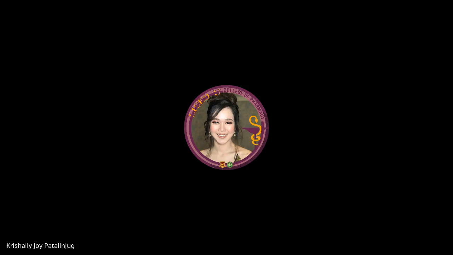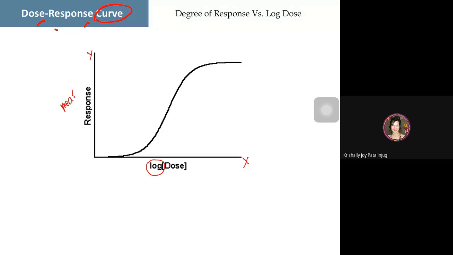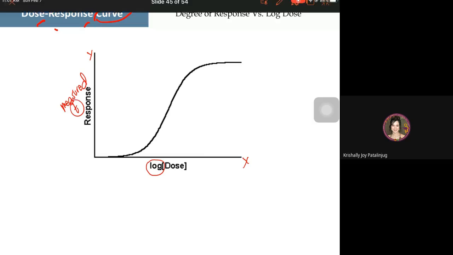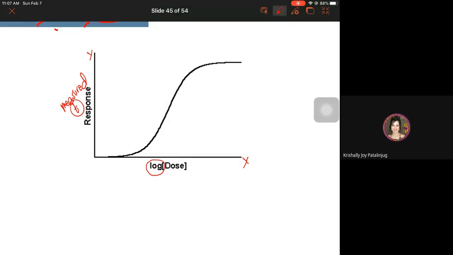That is why this is sometimes referred to as log dose. And the y-axis plots the response, which is also equivalent to the measured effect of the drug, or the efficacy of the drug. And this particular line here, traced in red, will be the dose response curve.